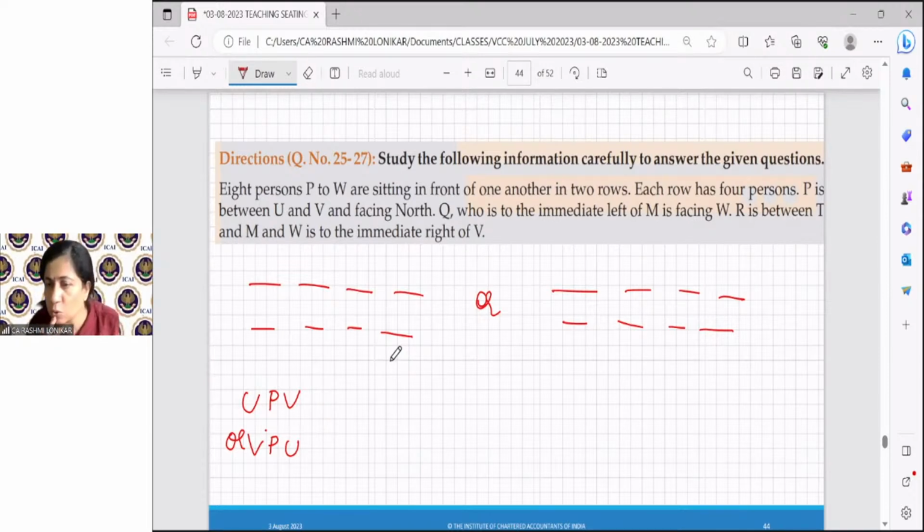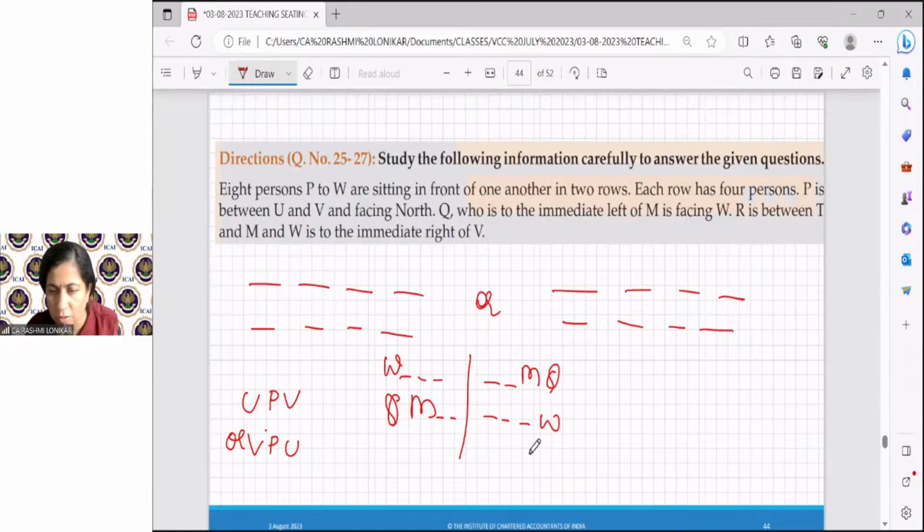Q is the immediate left of M. If this is M, Q is going to be immediate left of M, facing W. So you may have it this way, or you may have M, Q, dash, dash, W, dash, dash, dash. Okay, you may have this method, 1, 2, 3, 1, 2.